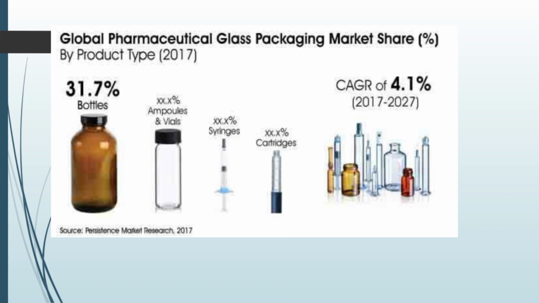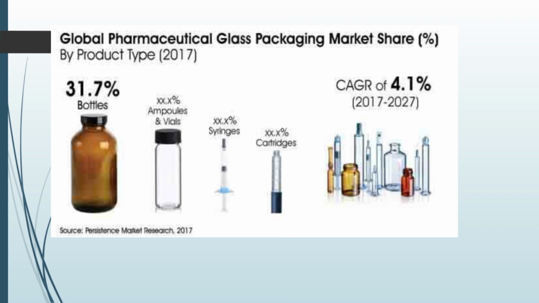Then another figure is taken from the internet, which shows the global pharmaceutical glass packaging market share, meaning how many percent of the market is consumed by glass material by product type.